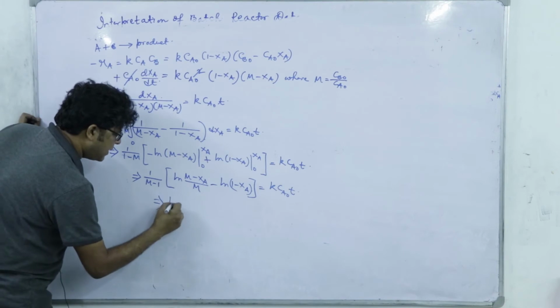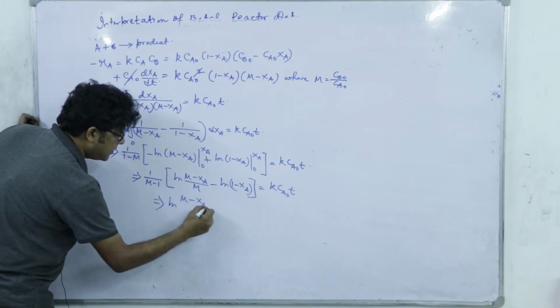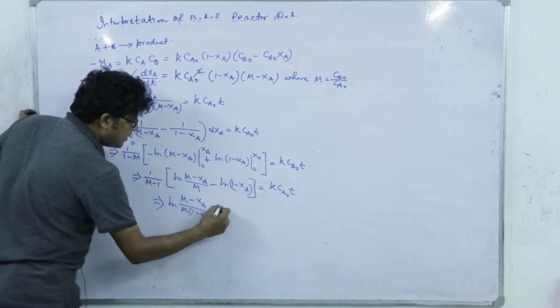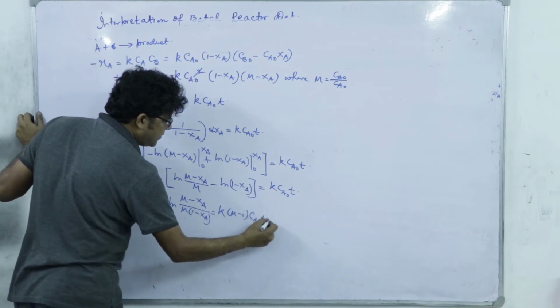So, we have ln of M minus Xa divided by M into 1 minus Xa equal to k into M minus 1 into Ca naught into t.